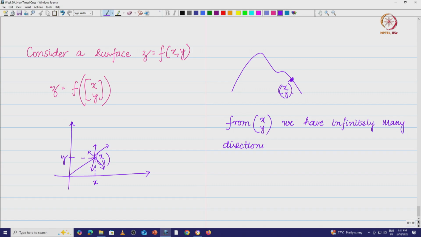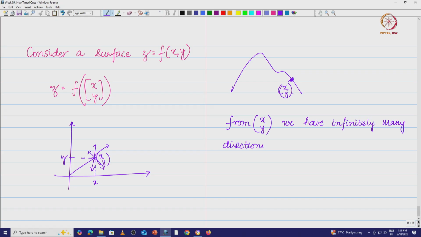Now what is interesting is that this is a surface that we have. Picturize a mountain in your mind, just have a visualization of a mountain. When you stand at a particular point, you see that the surface, that is basically the mountain that you have, has slope in all these directions, right.